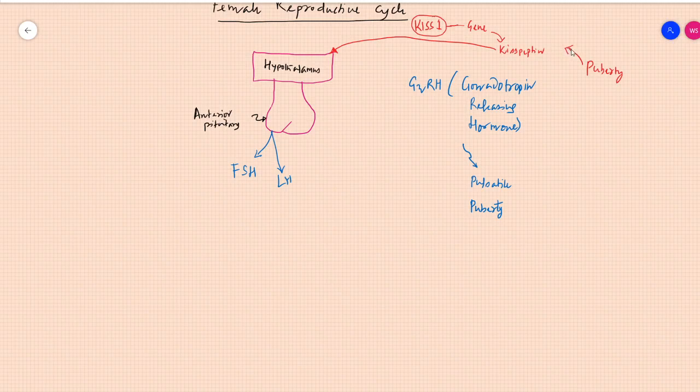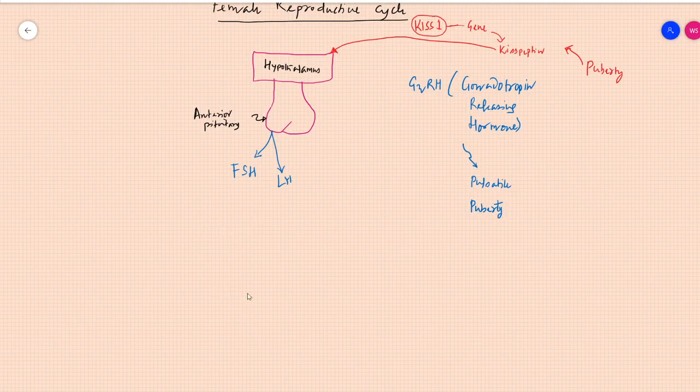This might be the explanation. The exact mechanism will be known as it is unraveled. So the female reproductive cycle begins due to this at puberty.